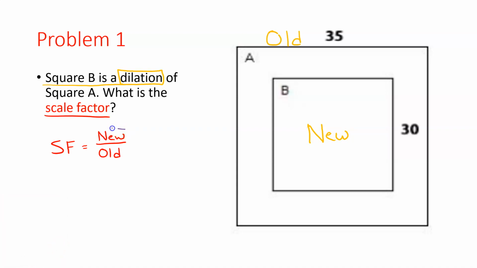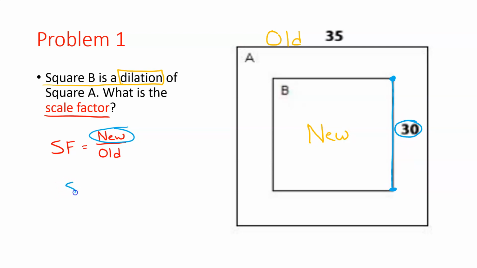Okay, so let's find a side on the new one. In the smaller one, square B, I'll pick a different color so it stands out. This right-hand side on the new one measures a distance of 30.